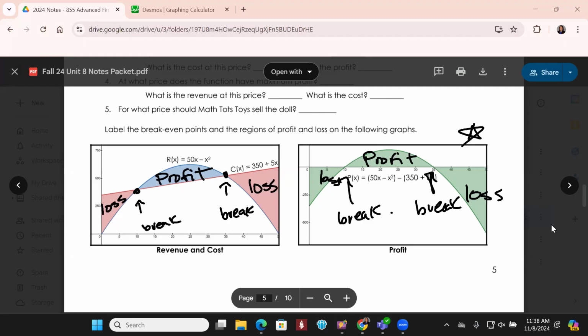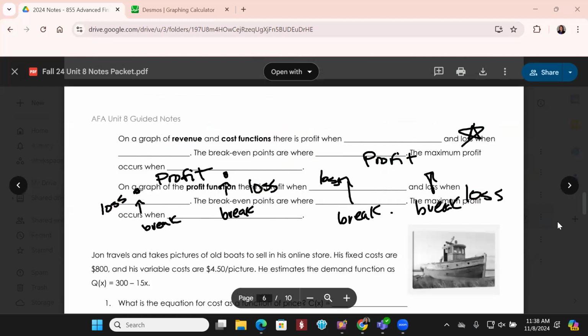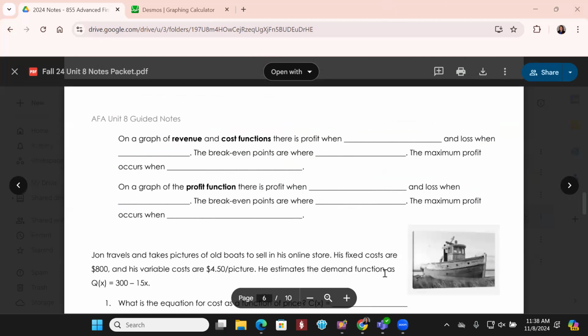I'm gonna put it on there in a second. Okay. So on a graph, revenue and cost. Profit happens when revenue is greater than cost. A loss is when cost is greater than revenue. Break even is when your revenue equals your cost.